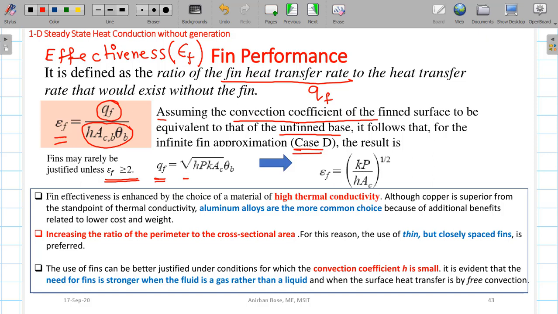We have seen that the expression is root over HPK AC into theta B, and this is the rate of heat transfer if there was no fin. Let us consider if there was no fin.